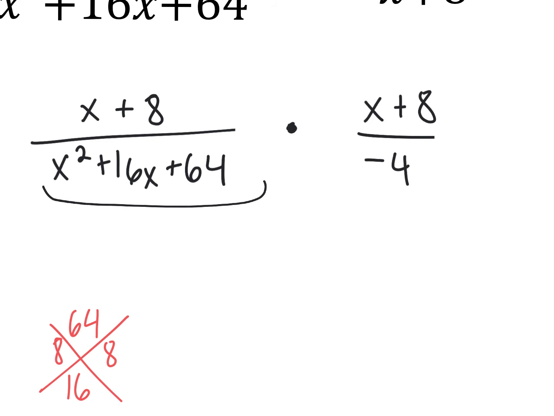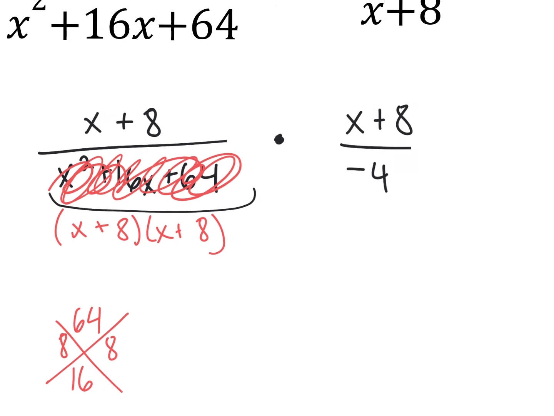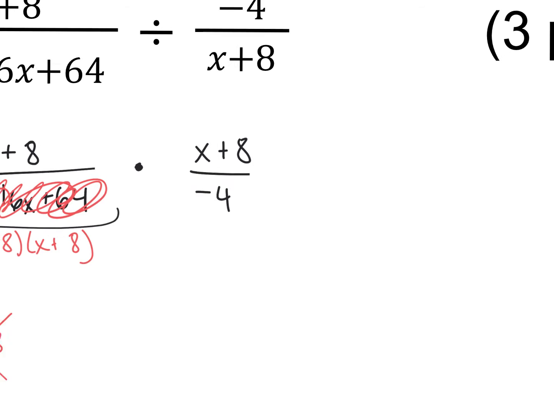So how do I break this up then? What are my 2 factors? You got it. x plus 8, x plus 8. Just the numbers I just found. That's my new first denominator. Then I go to my second denominator, which is negative 4. Can I do anything with that? Nope, not factorable. So now we are multiplying.